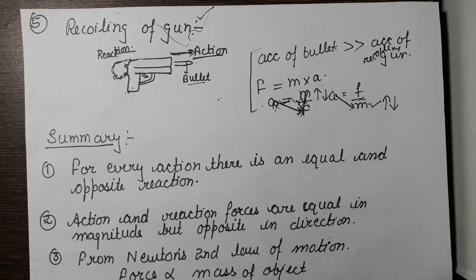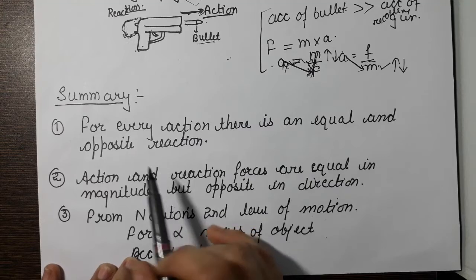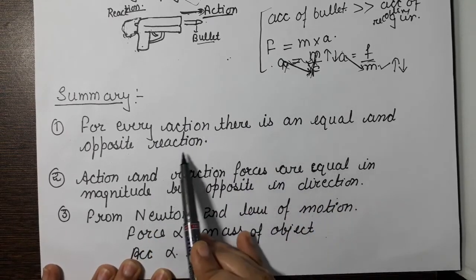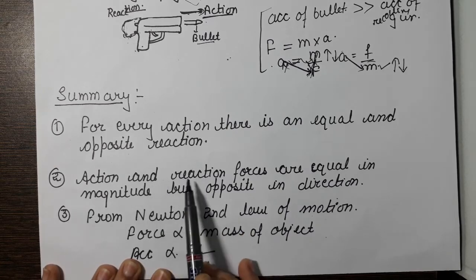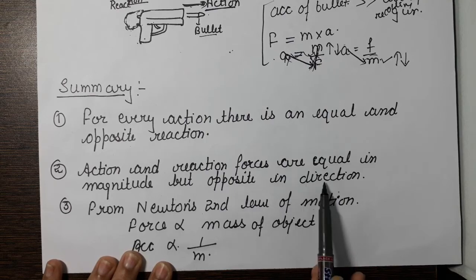But in this law we have discussed that when we apply some force to any body, we will get some force in reaction also, and reaction and action will be of the same magnitude but in opposite direction. So the summary of this lecture is that for every action there is an equal and opposite reaction, and action and reaction forces are equal in magnitude but opposite in direction.